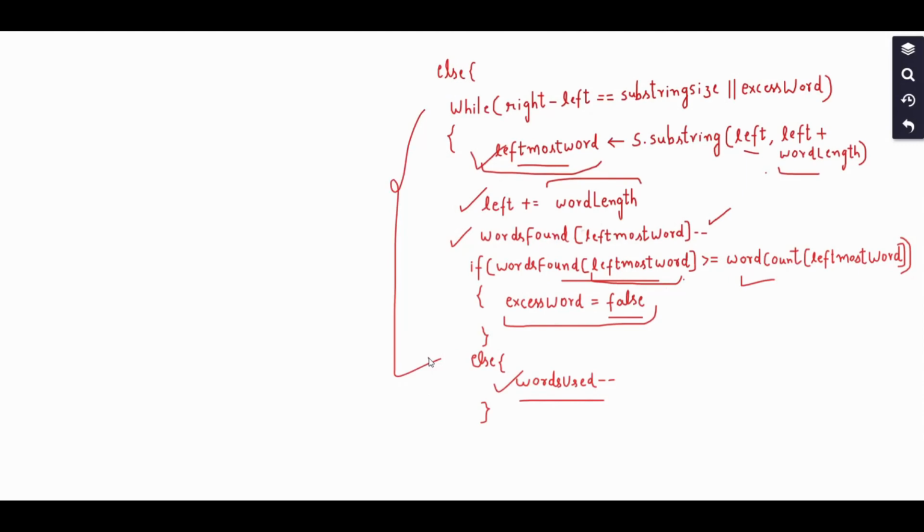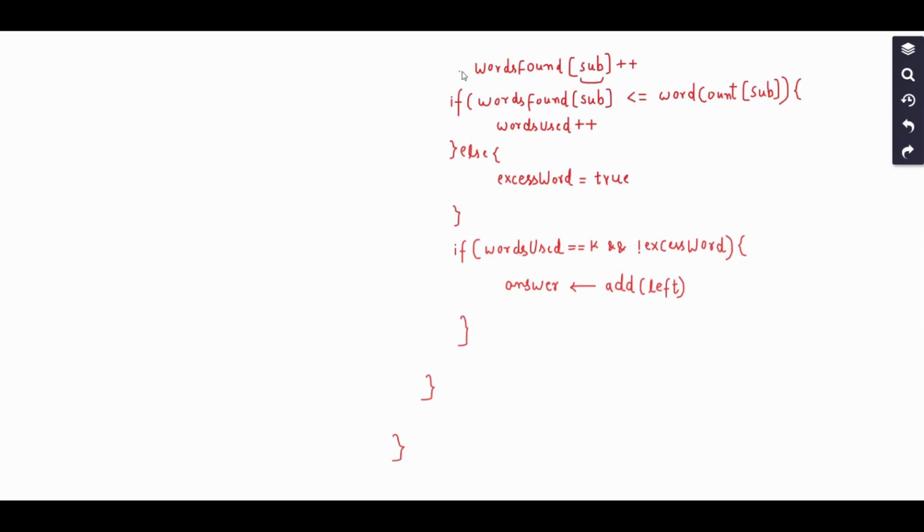In case we are encountering a repeating word, then we put our current word into our words found hash map, and we check if the current word appears less than the number of times it appears in the global hash map. If this is the case, then this can be used as a valid word to construct our target substring.